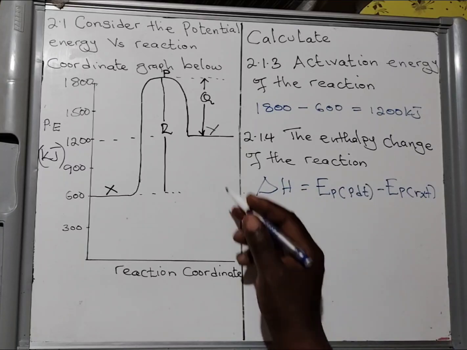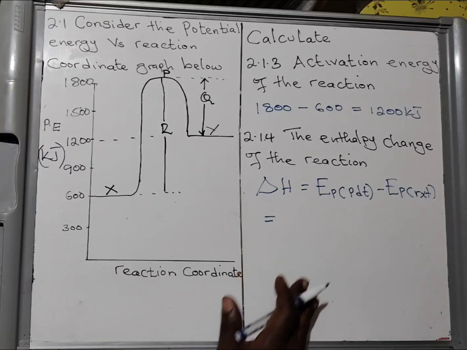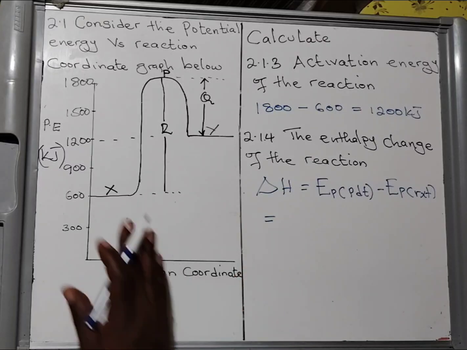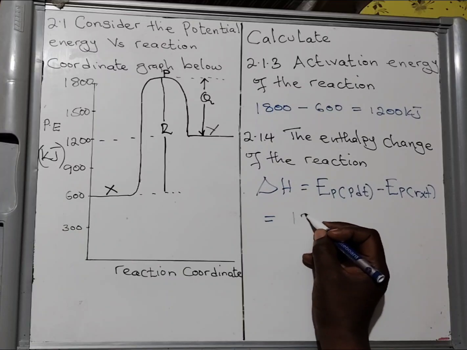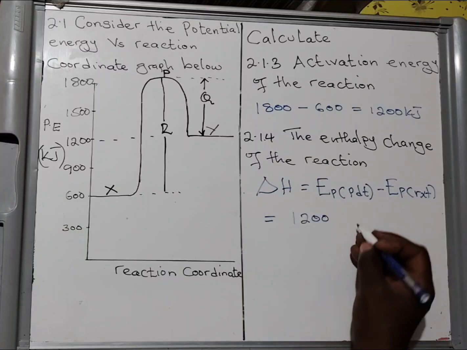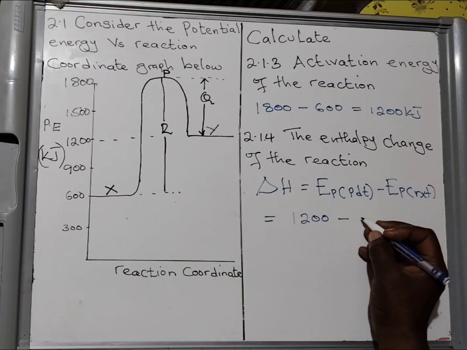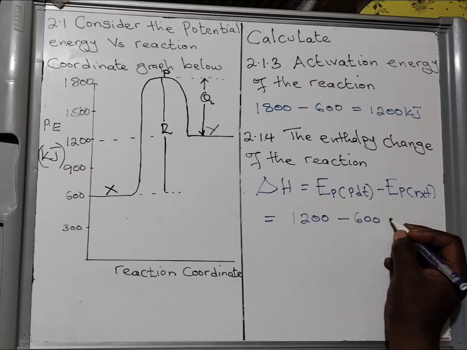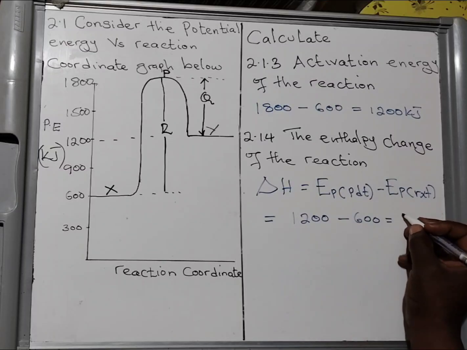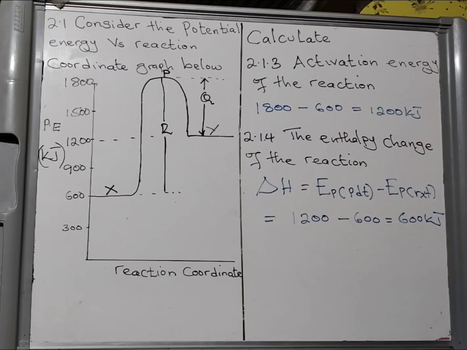When you check here, what is the potential energy of the product? It is 1200 kilojoules. And what is the potential energy of the reactant? It is 600. Where you get 600 kilojoules as the enthalpy change. So it's kilojoules per mole. That's what we have.